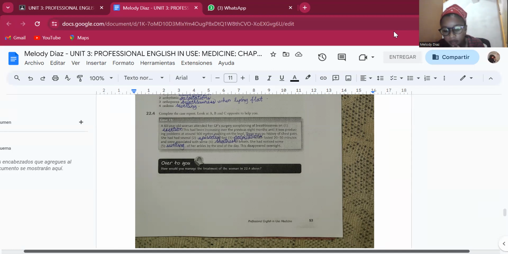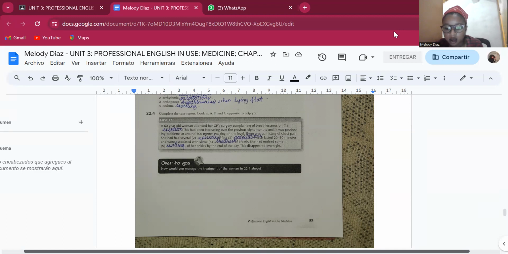This had been increasing over the previous 8 months until it was producing problems at around 500 meters walking on the level. There was no history of chest pain.